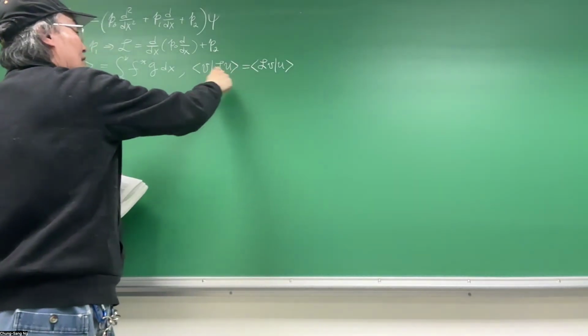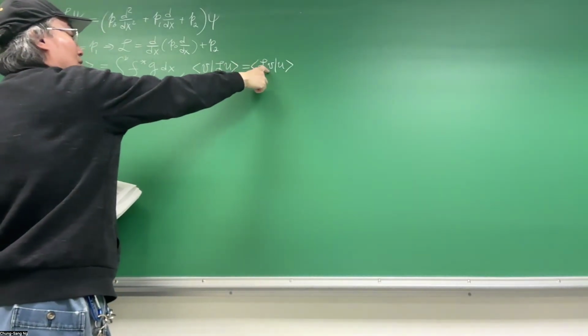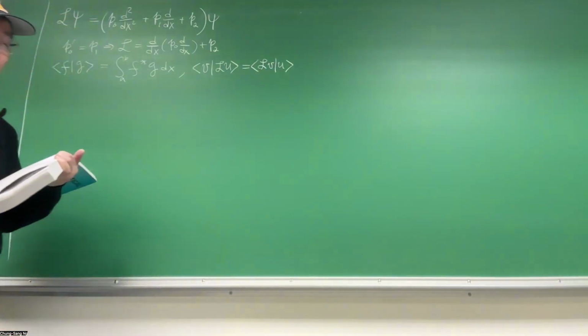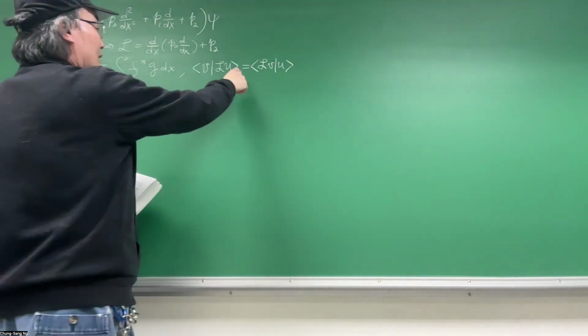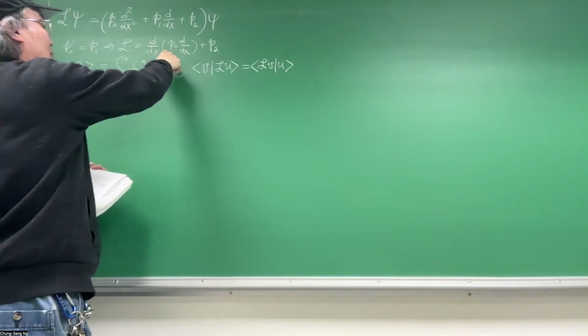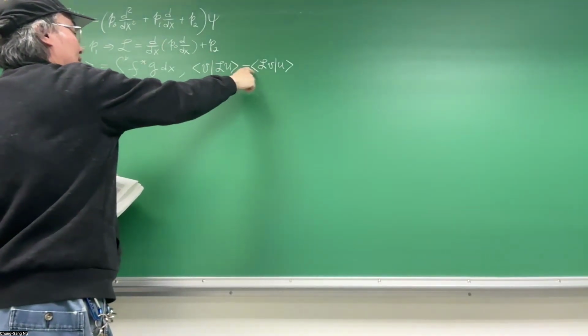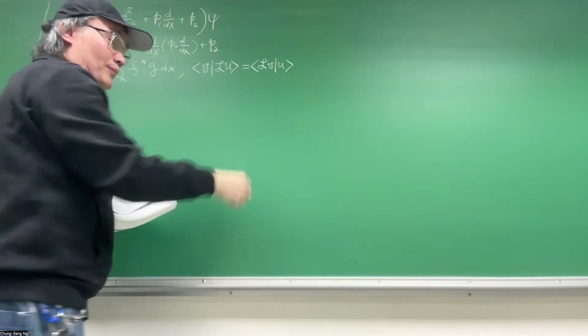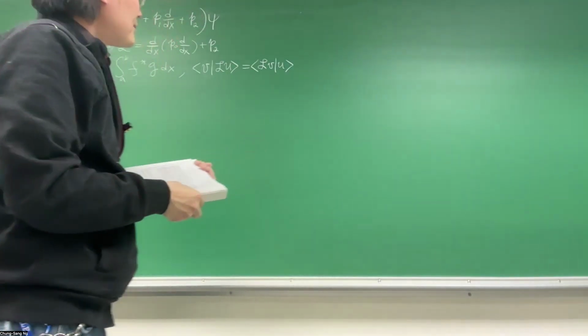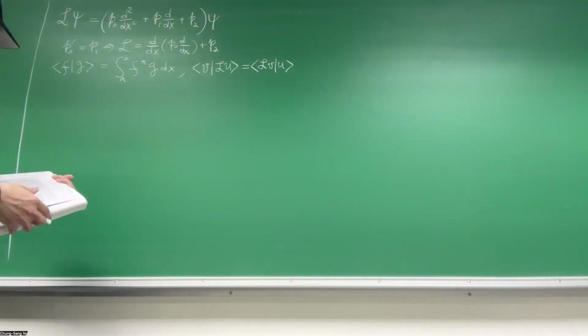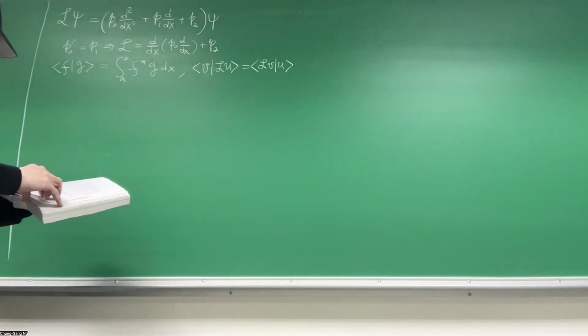Normally we define that this equals the adjoint operator on V in the scalar product with U. But for this kind of operator, you show that this equals that, provided the boundary terms are 0.